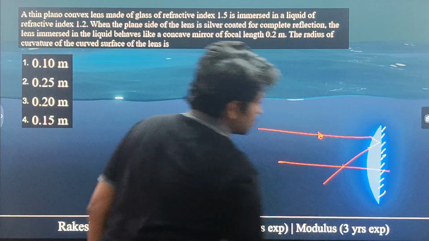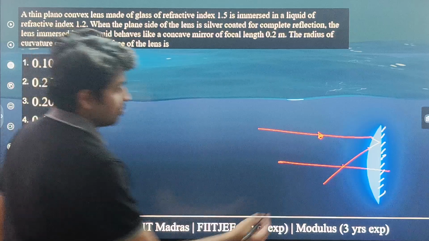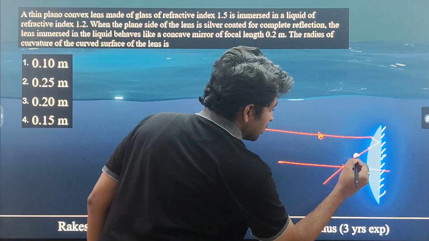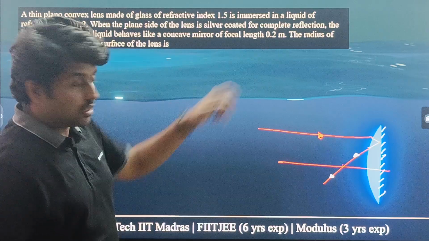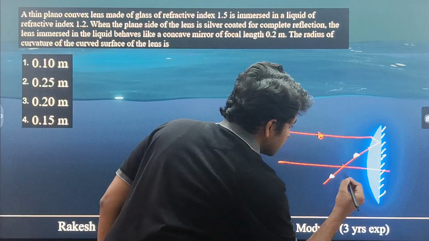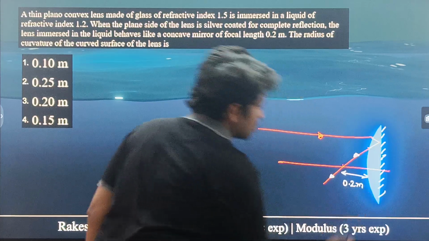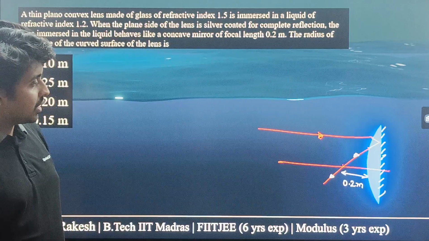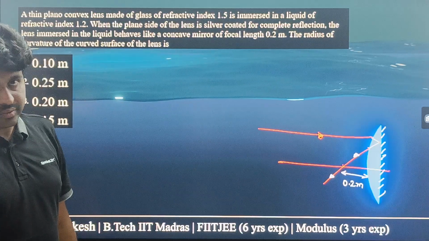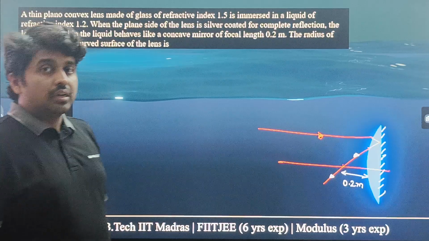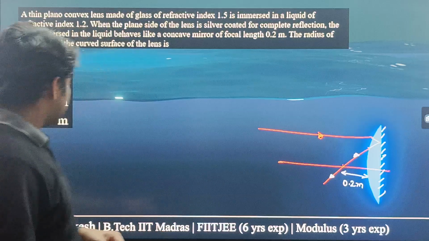After refraction here and refraction here, and reflection from the mirror of focal length 0.2 meters, this parallel ray meets the principal axis at 0.2 meters from this lens. So, if this is the case, what is the radius of curvature of the curved surface? First, let us move on to the standard solution.